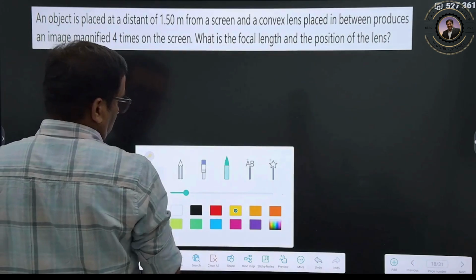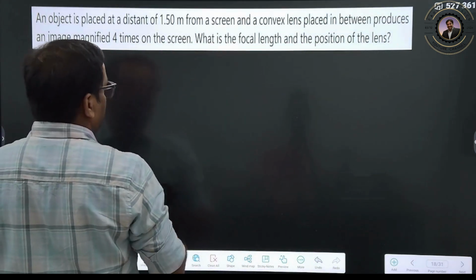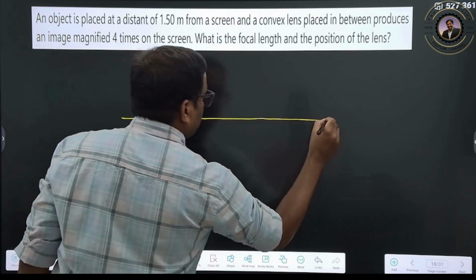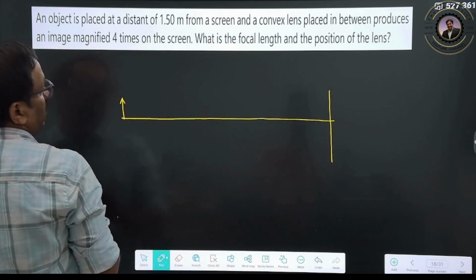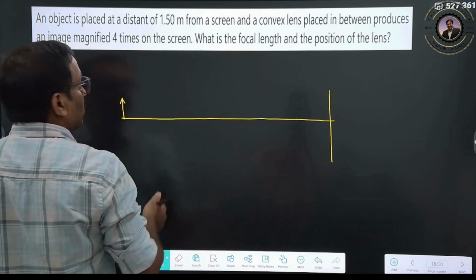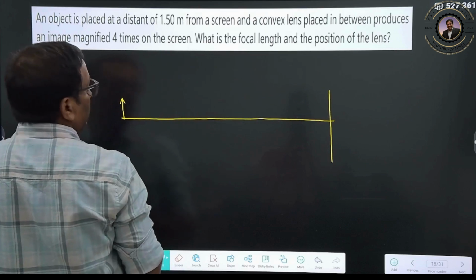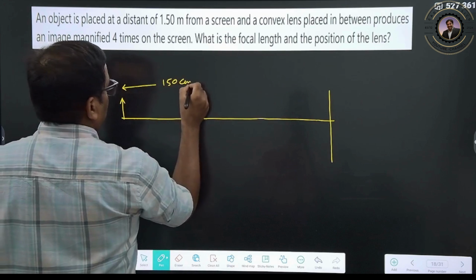So here the object is placed 1.5 meters from the screen. This is your screen and this is your object. 1.5 meters means 150 centimeter, so this distance is 150 centimeter.